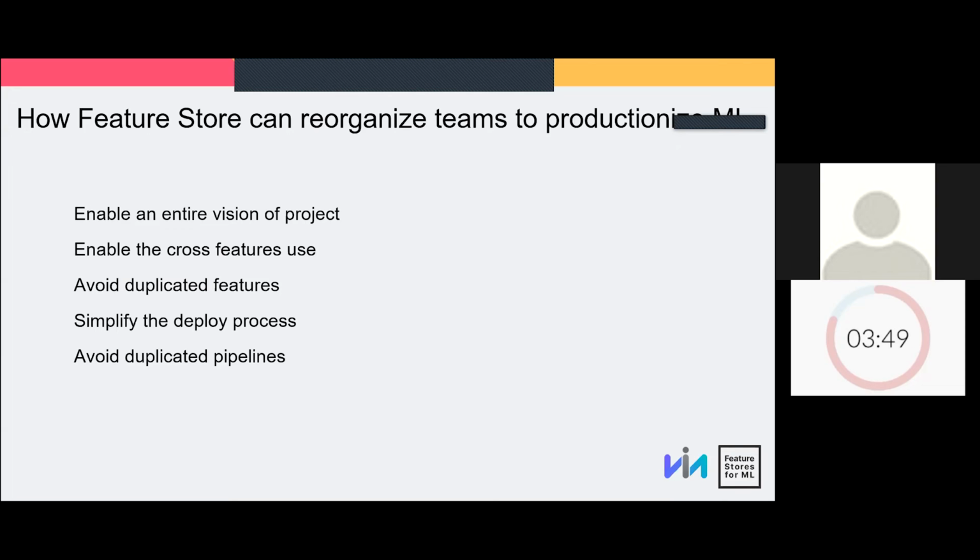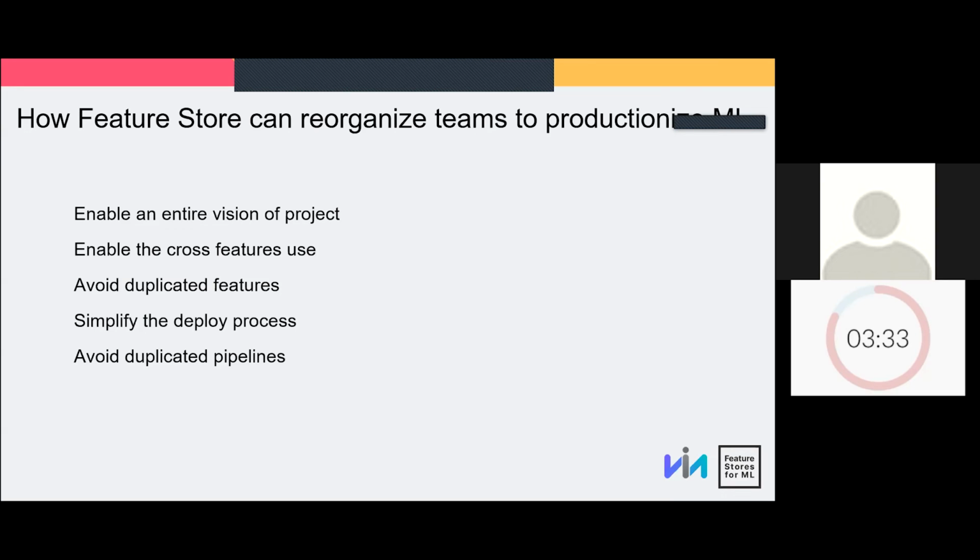And the last one is avoiding duplicate pipelines. Using a feature store, you won't have duplicate pipelines. And obviously, as I said before in the topic of avoiding duplicated features, here you must have some process to guarantee that too.